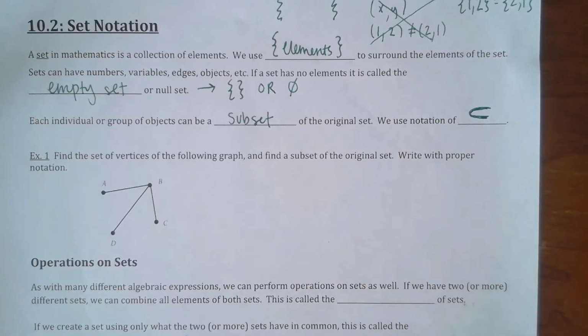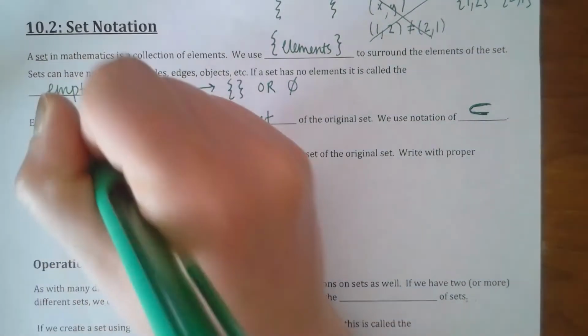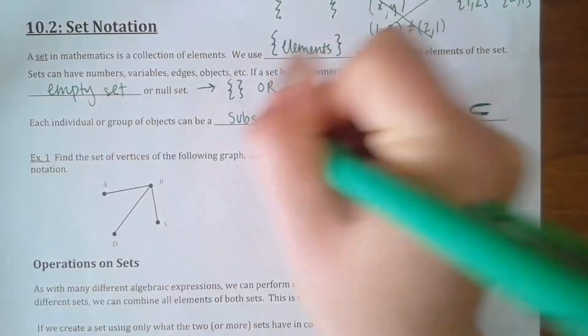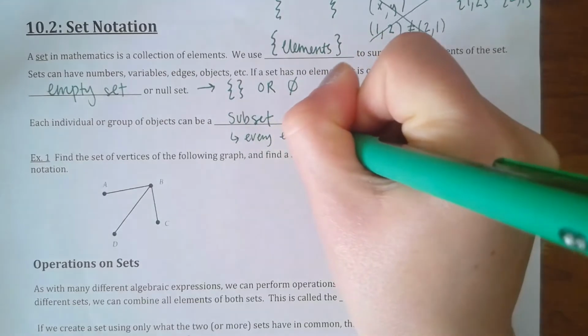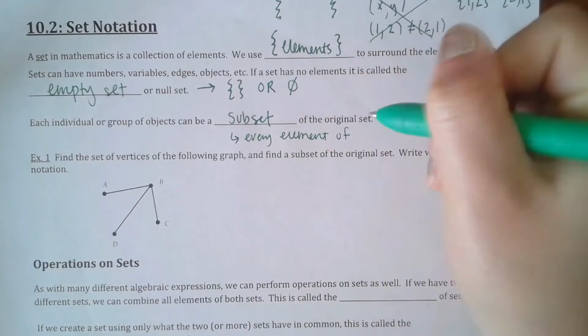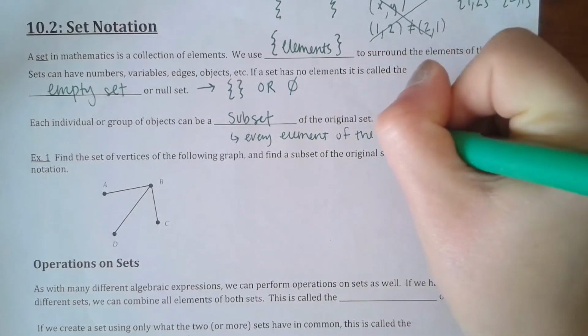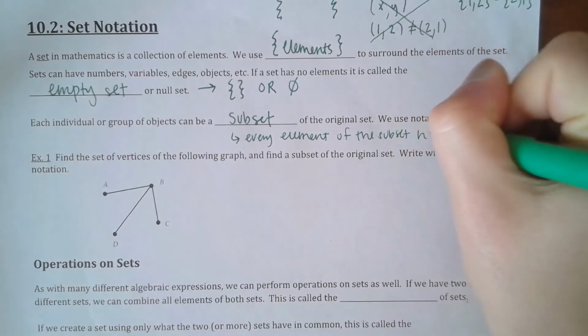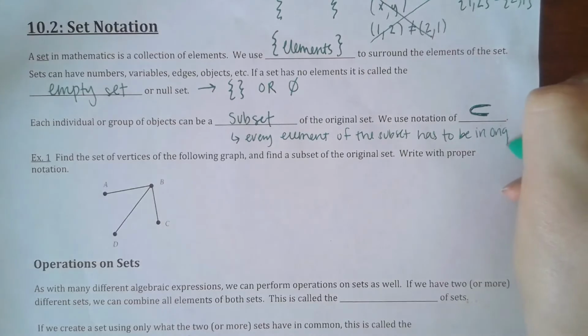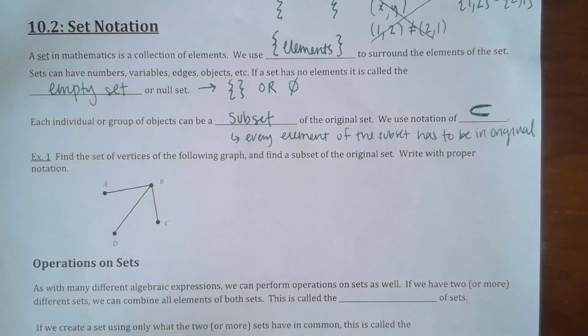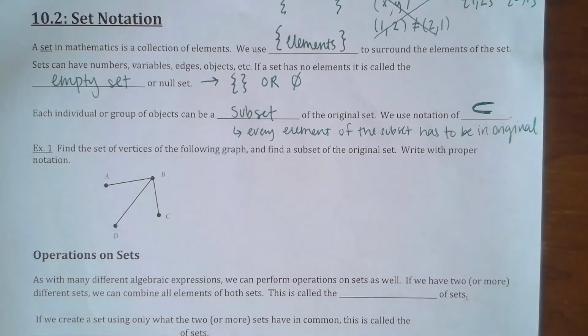In order for something to be a subset, specifically, every element of the subset has to be in the original. And we'll do an example here in a second, but you can't have any extra elements in the subset that are not in the original set.